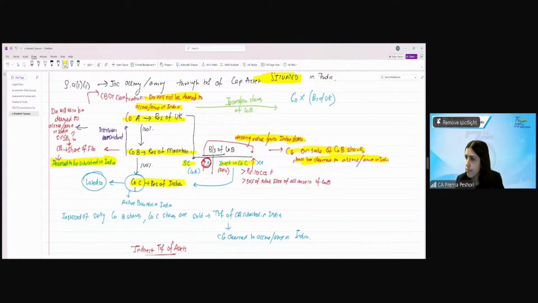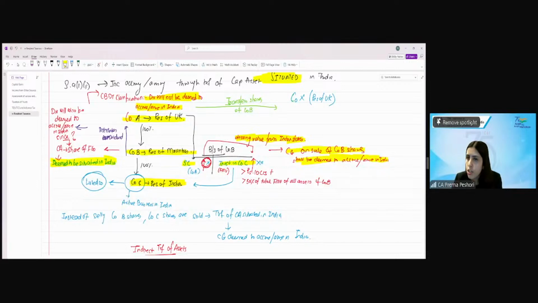Taxable in India, no? Correct. Deemed to accrue or arise in India. Income from the transfer of a capital asset situated in India is deemed to accrue or arise in India. Clear? Then it will have to pay tax in India. Correct?